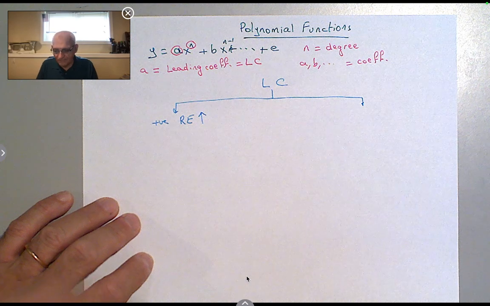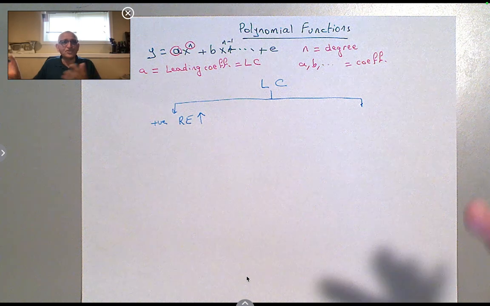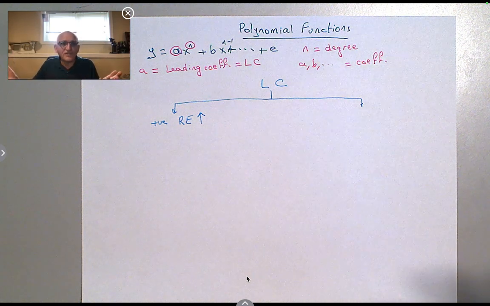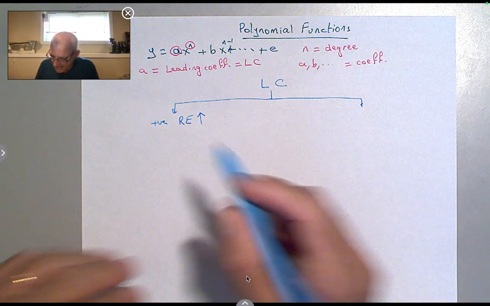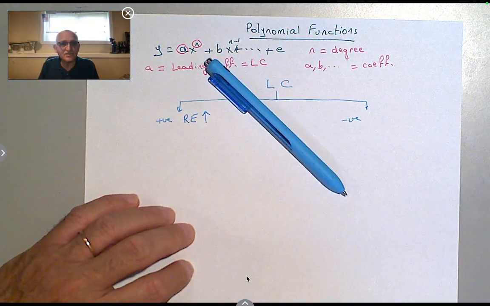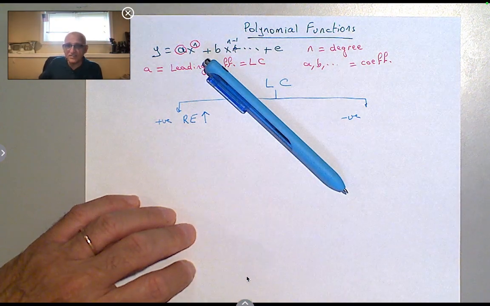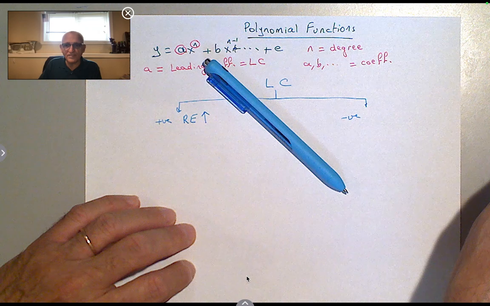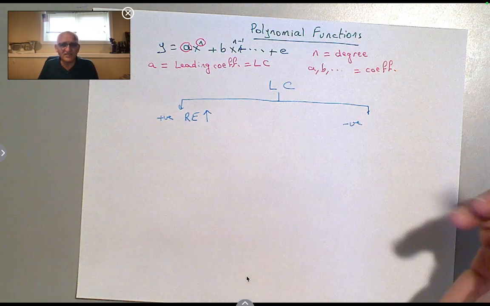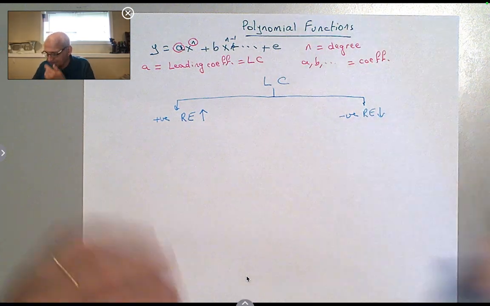Sure enough, if you say y equals x and x approaches infinity, then y approaches infinity. That's common sense. And if I say y equals negative x, I get a line with a slope of -1, meaning as x increases, y decreases, and eventually when x goes to positive infinity, y would go to negative infinity. So there is really nothing hard about that.